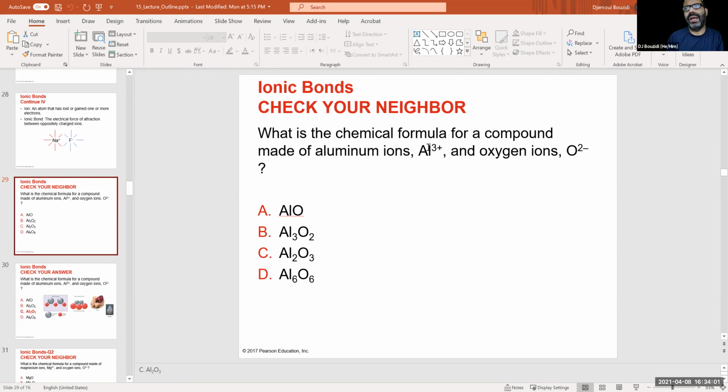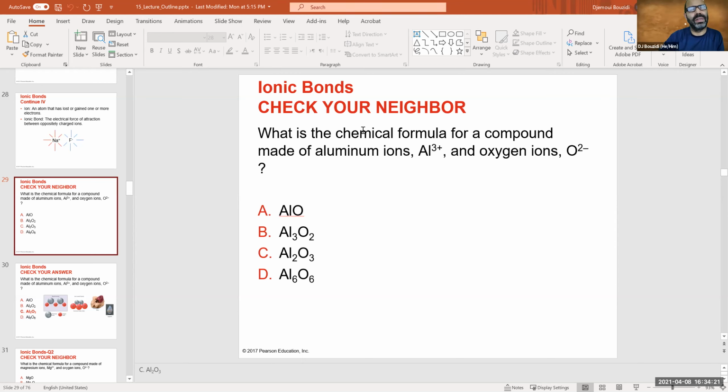So when you have an ion that is positively charged and an ion that is negatively charged, you can form a stable molecule. But it depends now. You have 3 electrons in this aluminum that are basically given, okay?